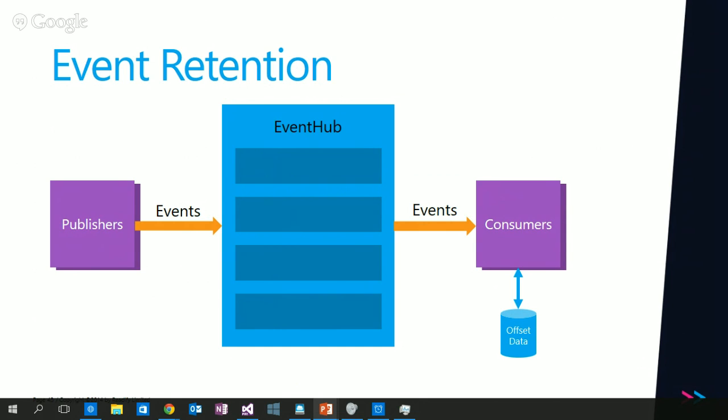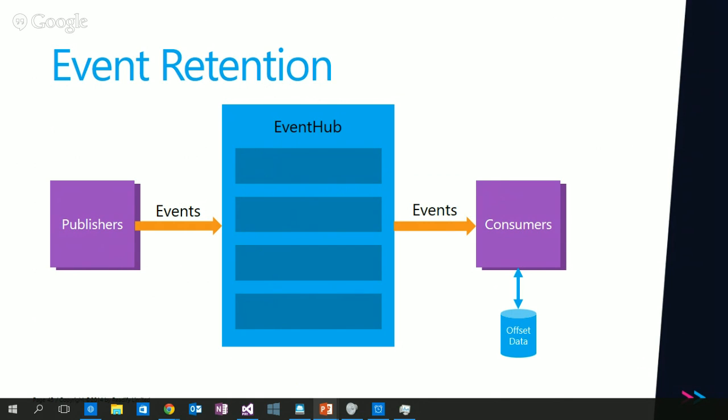I think it's 84 gigabytes per throughput unit. So if you have more than 84 gigabytes within your event hub and you've only got one throughput unit, then those events are going to start aging out even before a day's up. It just depends on the rate at which those messages come through.